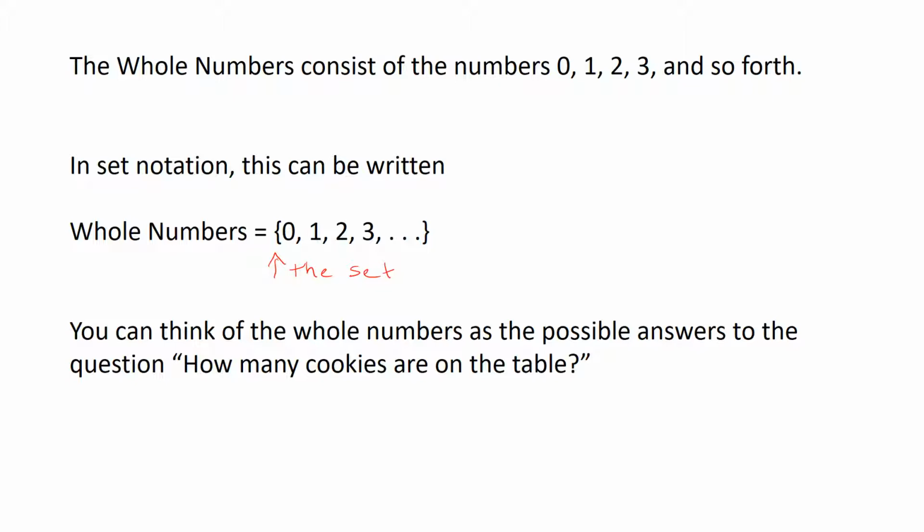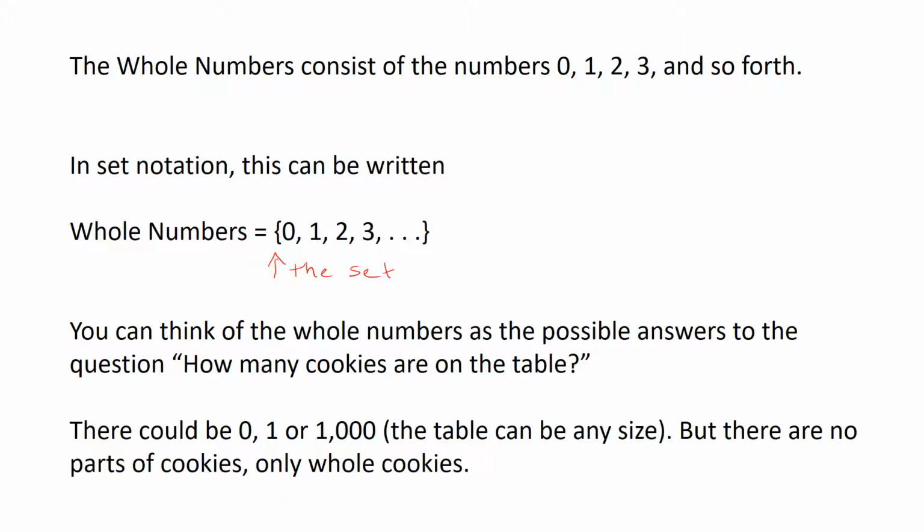And the table doesn't have to have any certain size. Unfortunately, right now, on my table, there are 0 cookies. But there could be 1, 2, 3, there could be 1,000 cookies on the table. But there are no parts of cookies, only whole cookies. So we don't have 1.5, 2.37, or whatever.